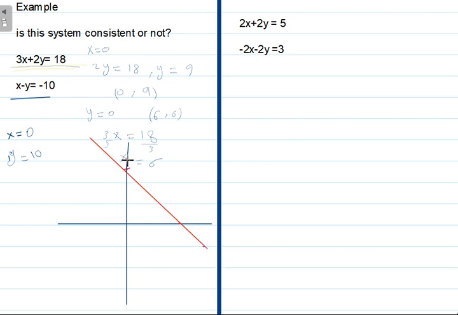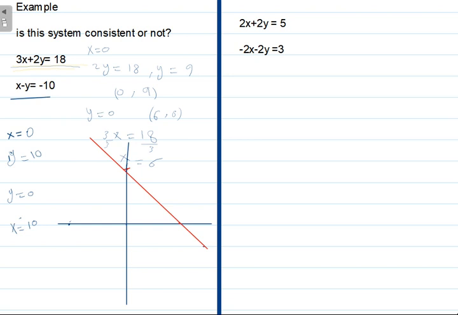Okay, the point is here. And if y equals 0, then x will be minus 10. So I have (minus 10, 0) here, and this is the other point.